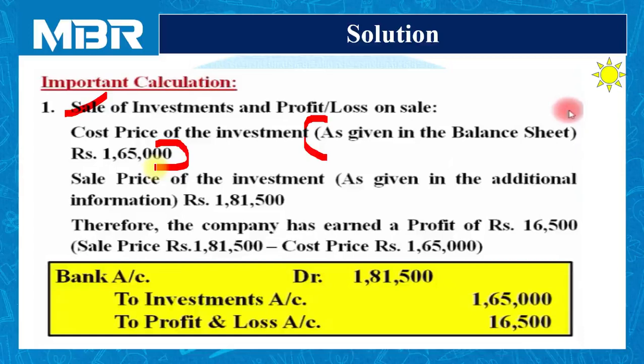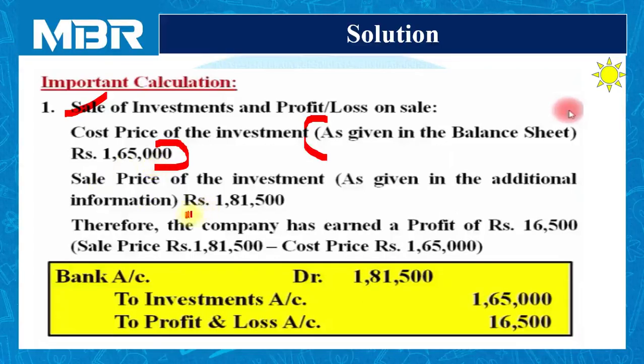On the asset side of the balance sheet, investments are given for rupees 1,65,000. And on additional information part of your question, information related to sale price is given.